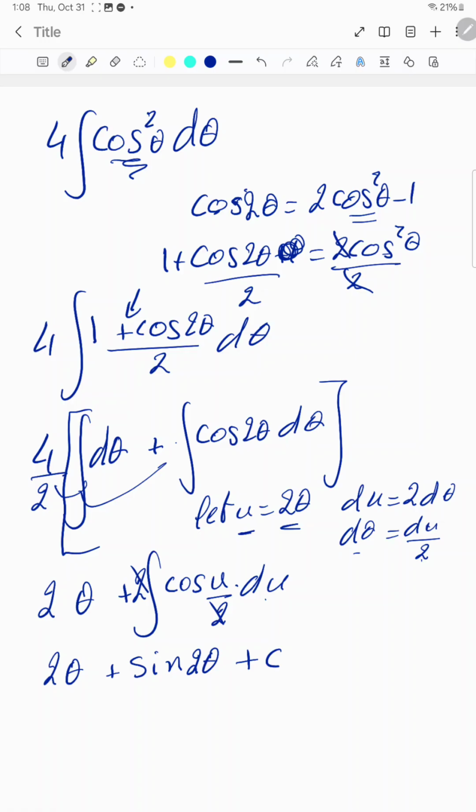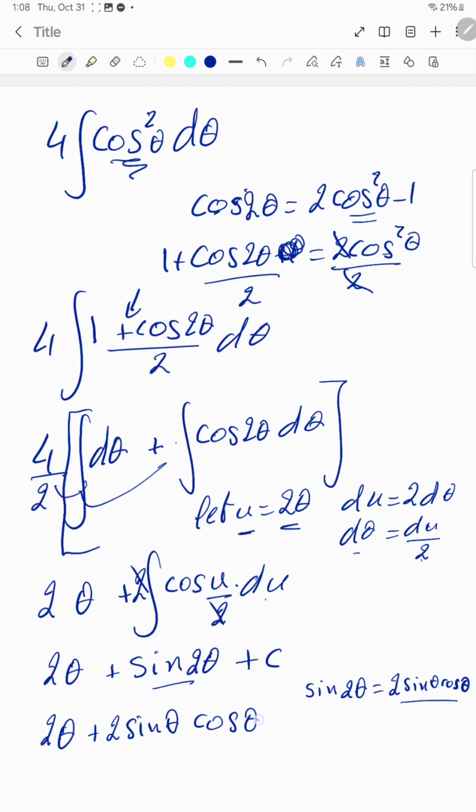And here there is another trigonometric identity that says sine of 2 theta is equal to 2 sine of theta cosine of theta. I will use that. I will replace my sine of 2 theta by 2 sine of theta cosine of theta. So I will have 2 theta plus 2 sine of theta cosine of theta plus c. And that will be easy to solve now.